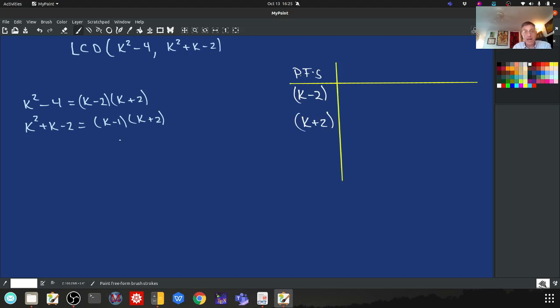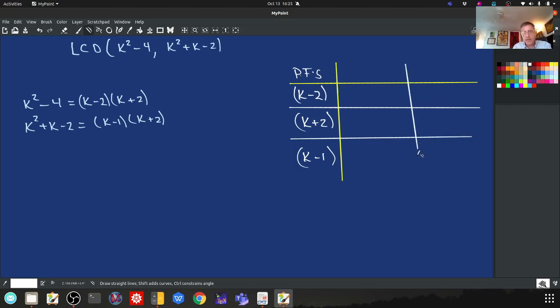Sometimes it helps to pattern match. And k minus 1. The rest is going to be pretty simple. We only have two terms, and we write them in their factored form. That's always important if you're going to use this method. k minus 2, k plus 2.